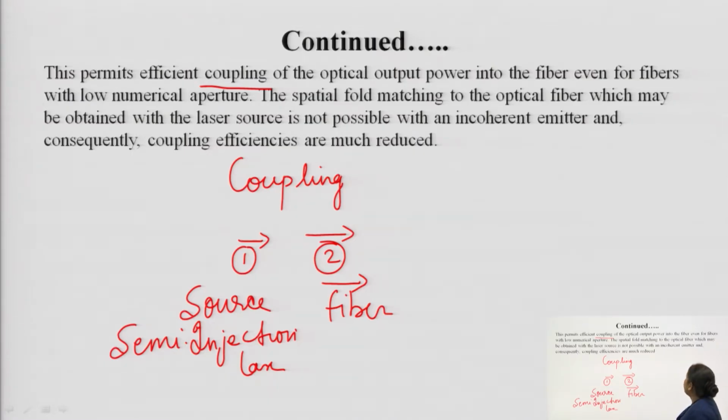The spatial field matching to the optical fiber, which may be behind the laser, is not possible with an incoherent emitter, and consequently the coupling coefficients are much reduced.